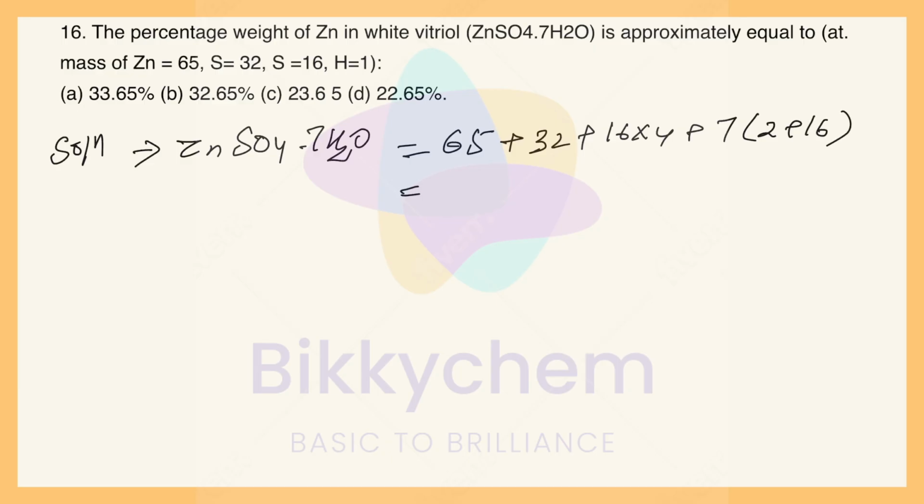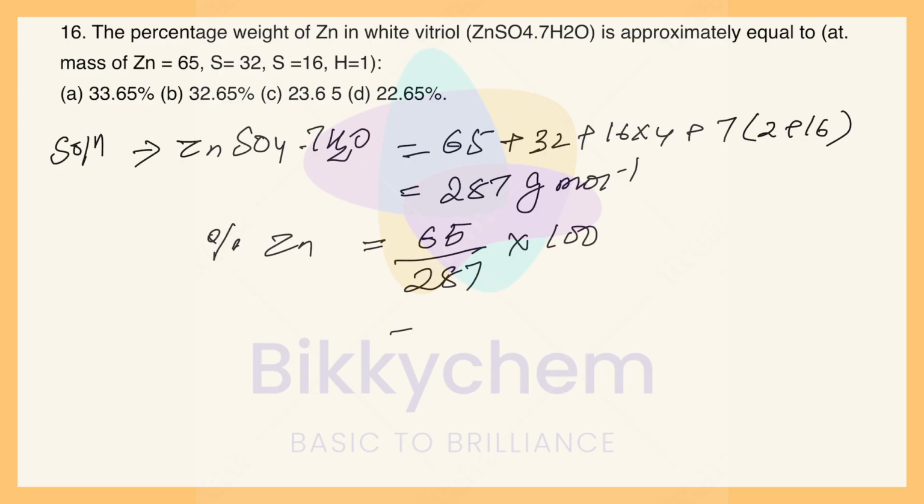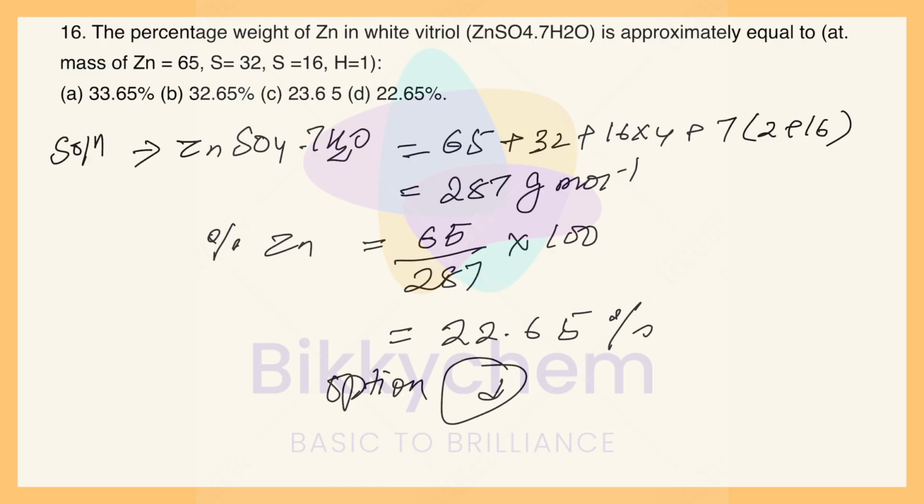Together it gives 287 as the molecular mass of this zinc sulfate heptahydrate. And you need to find the percentage of zinc. So zinc is how much? 65 over 287 into 100, which is approximately 22.65. So option is D.